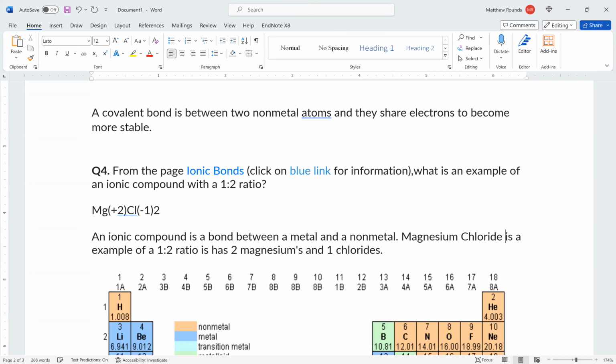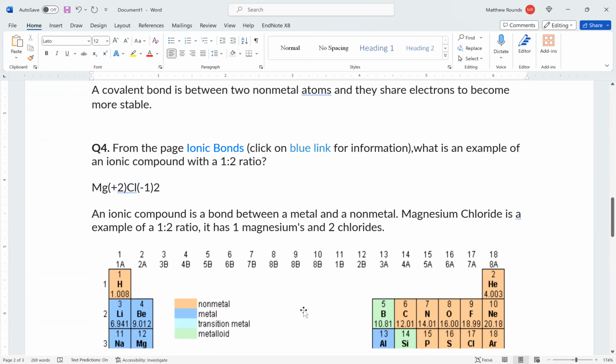Magnesium chloride is an example of a 1 to 2 ratio; it has one magnesium and two chlorides. The charge is +2, and two chlorides at -1 go with one magnesium at +2. So just reorder that there. And now you have it.